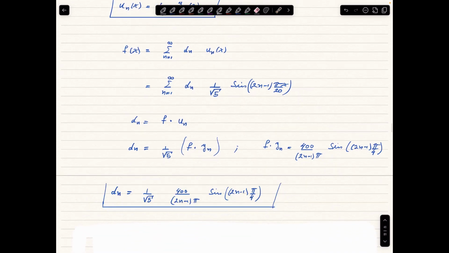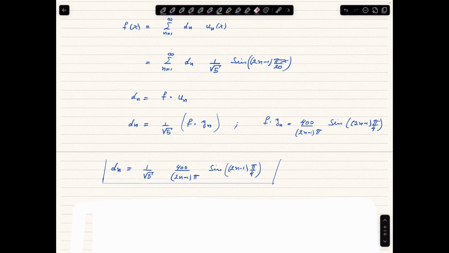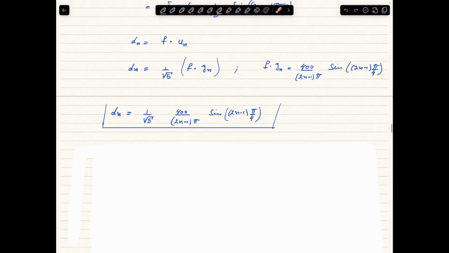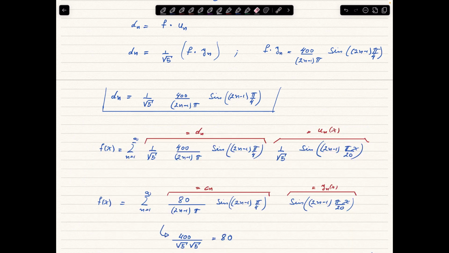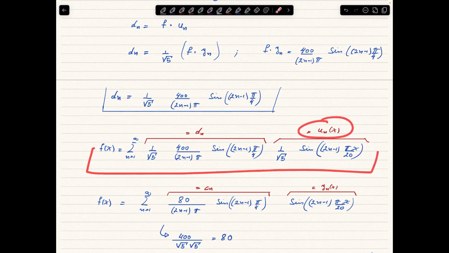So we put everything together, and the only difference is that we have this extra factor 1 over square root of 5 in the coefficient, but we also have it in the eigenfunction. So this is the expansion using unit eigenfunctions. Here is the unit eigenfunction, and here is the coefficient d. The coefficient d has this factor, the unit eigenfunction has this factor.